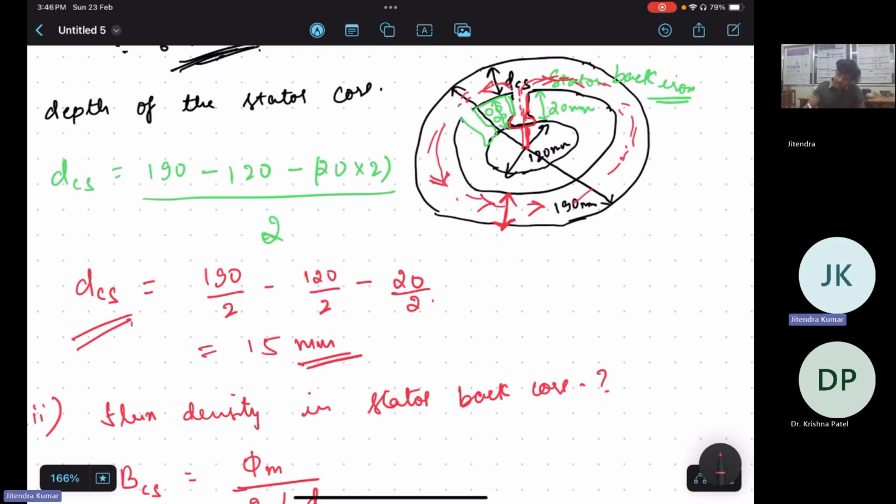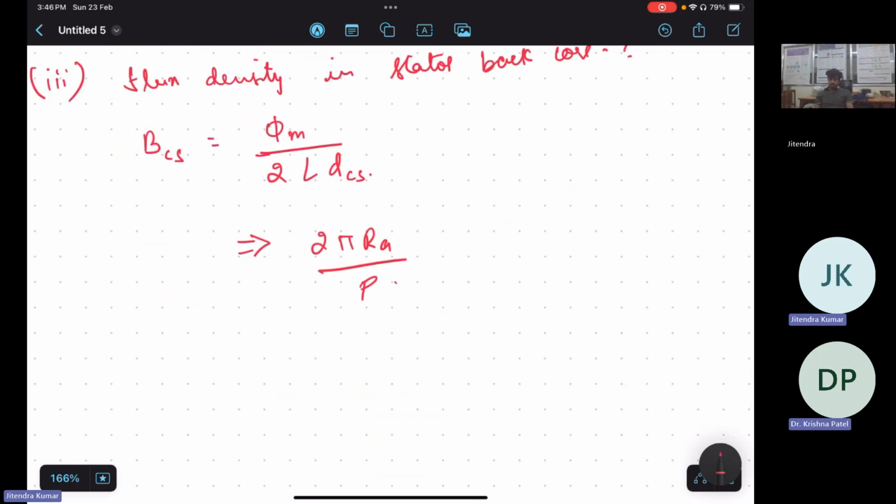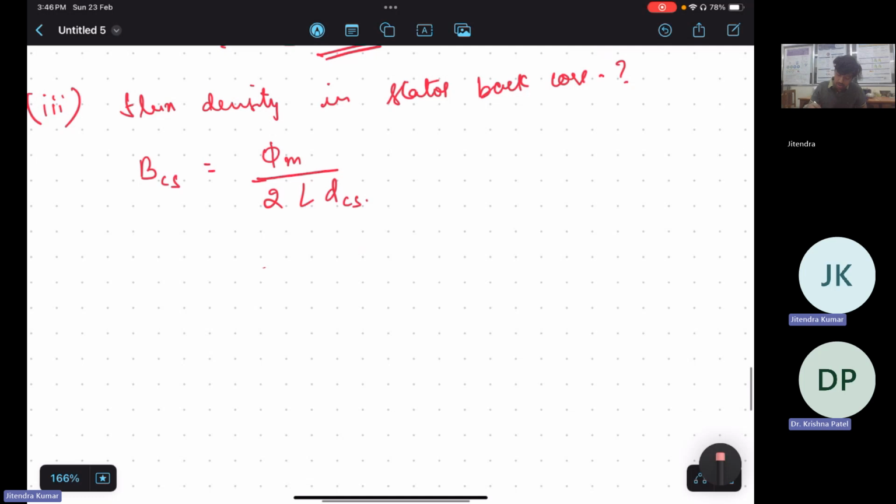Because whatever path the flux is following will be considered as the length, and orthogonal to the length of that path will be the area components. So this equation would not work here. That would be useful in calculating the flux density in the tooth. So here we can calculate further.